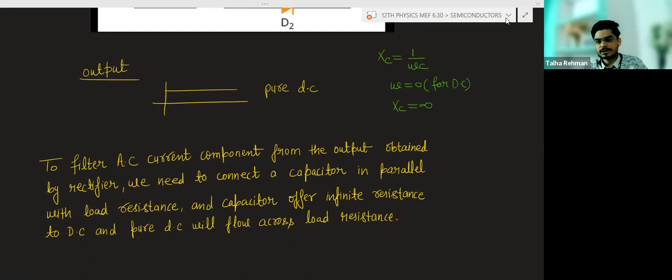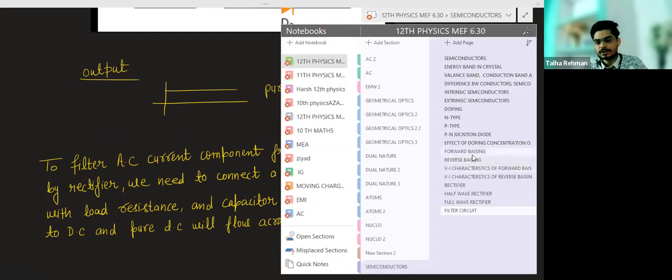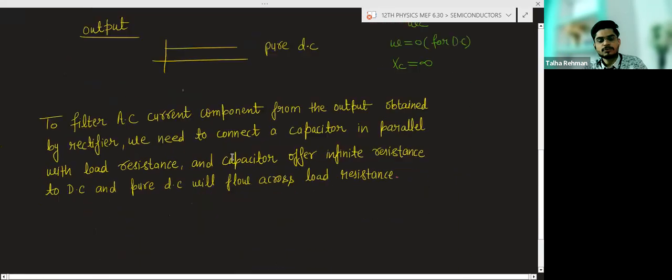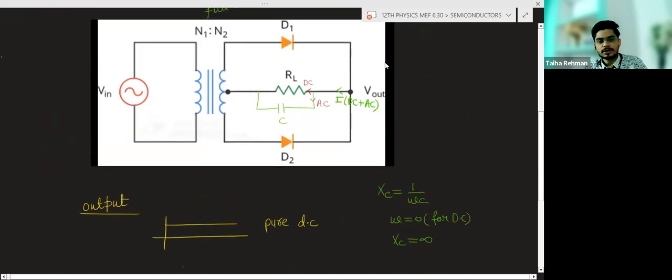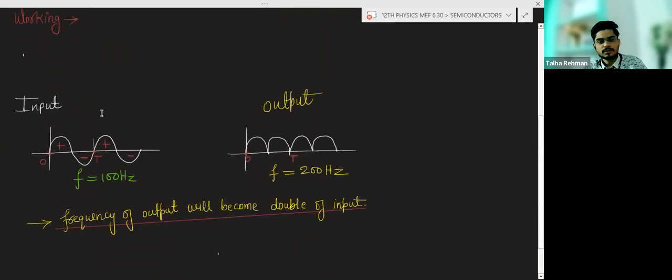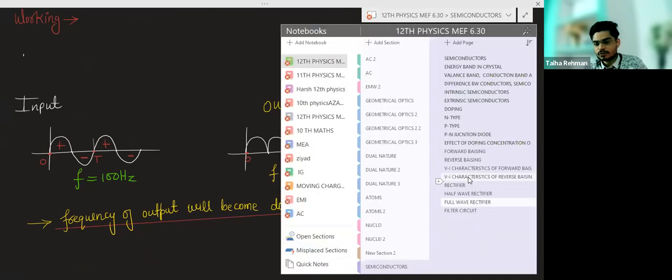Fawaz, if you want to take the screenshot of today's class, the waveforms of the rectifier. Yes, sir. Okay, you should take the screenshot from the starting because you have joined late.